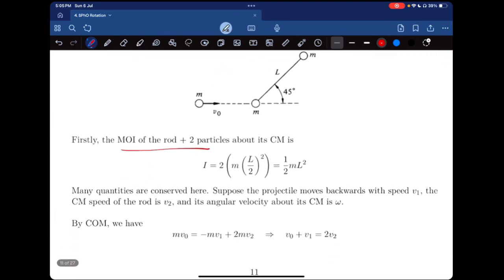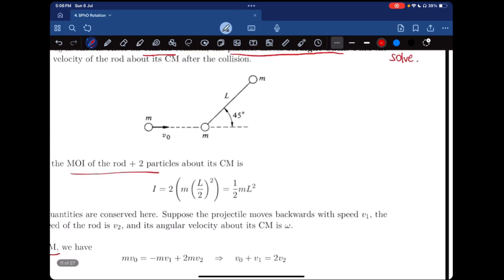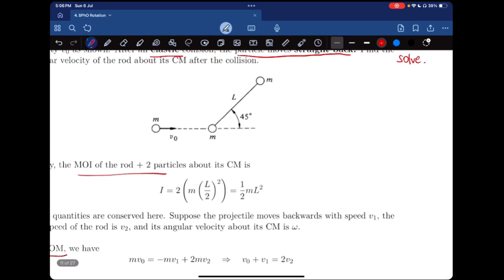So the first one is COM. This is your linear momentum. In this case, you have m moving with v naught here.